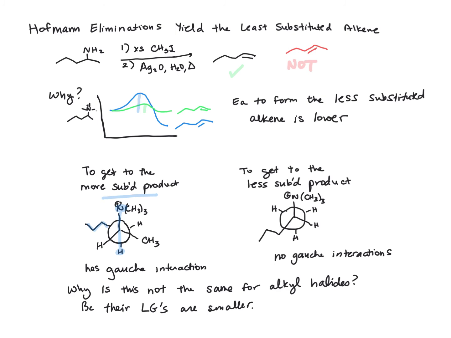And so whether you use this hydrogen or this hydrogen, you're going to have a gauche interaction. However, if you look at the less substituted product, then we draw our Newman projection like this, and we don't have any gauche interactions. Why is this not the case for alkyl halides? It's because their leaving groups are smaller, so the gauche interactions don't matter as much as they do with the ammonium compound.